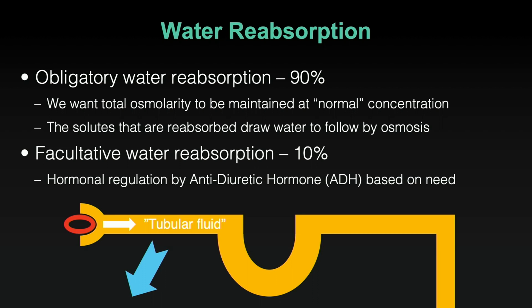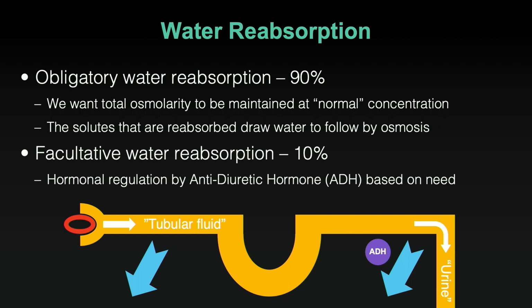And that describes facultative water reabsorption, which occurs mostly in the distal convoluted tubule and in the collecting duct, where after all the processing has taken place, tubular fluid becomes urine, and we can modify the size of this reabsorption if we have signals to do so.